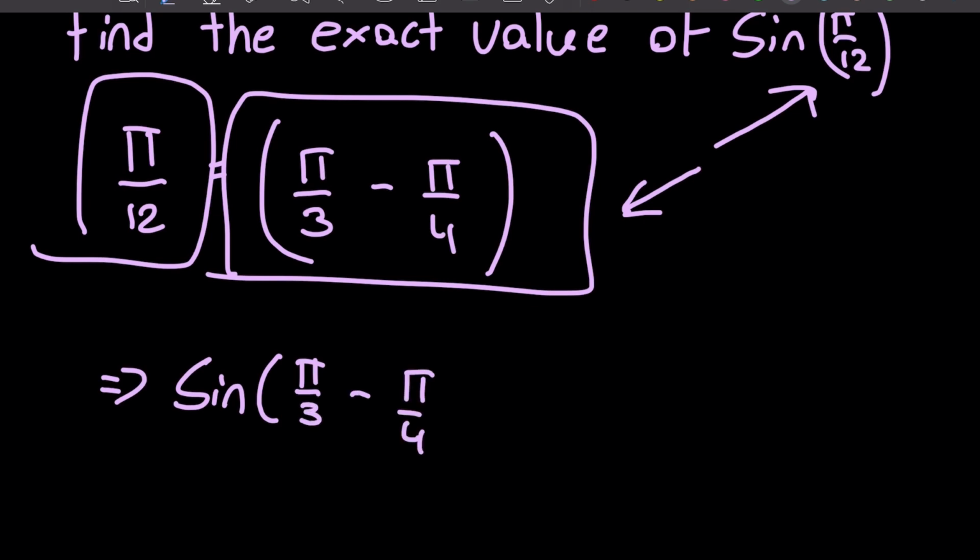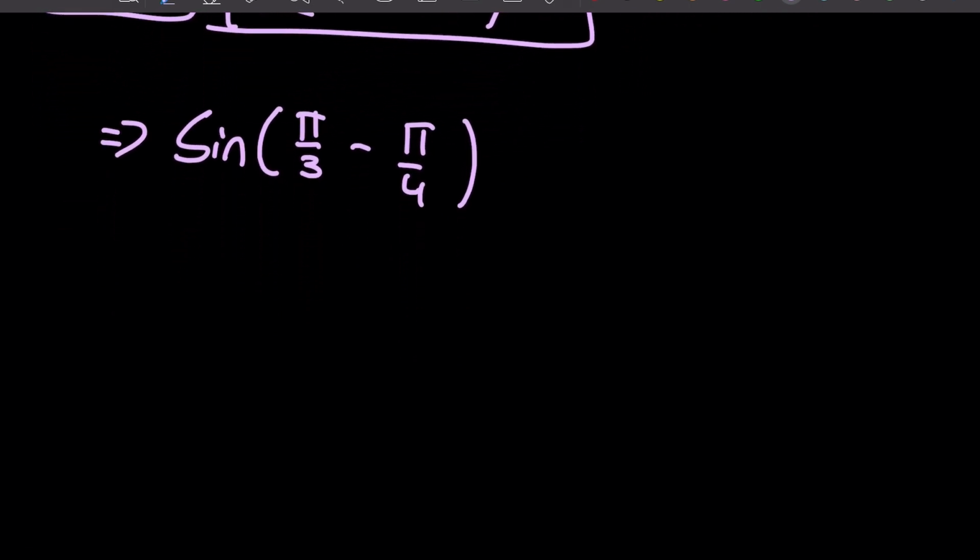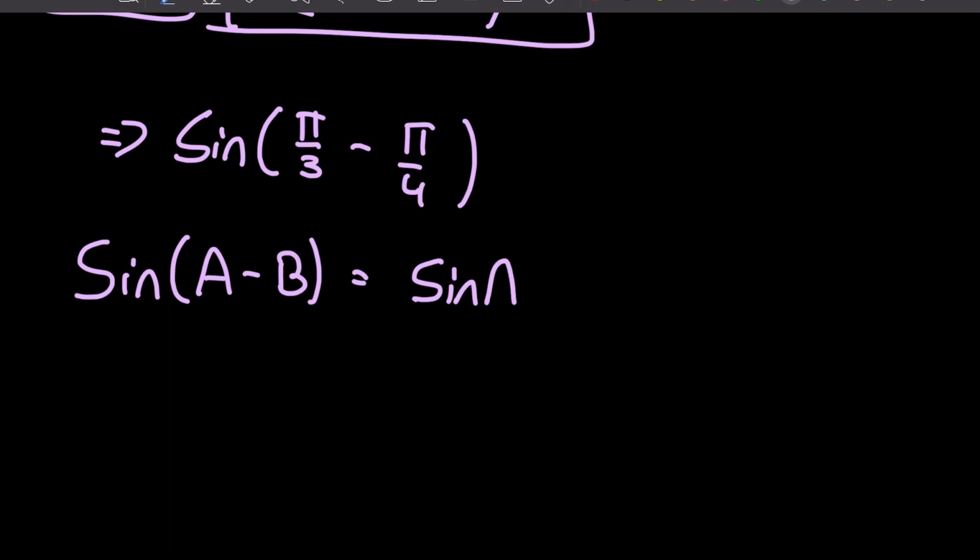And now we have it in a form that we can actually expand, because we remember that sine of (A minus B) is equal to sine A cos B minus cos A sine B, because remember these two signs should be the same.